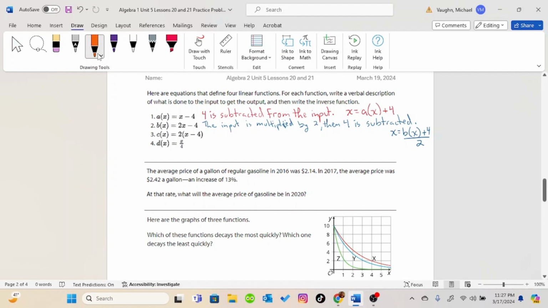Number 3. 4 is subtracted from the input, then multiplied by 2.